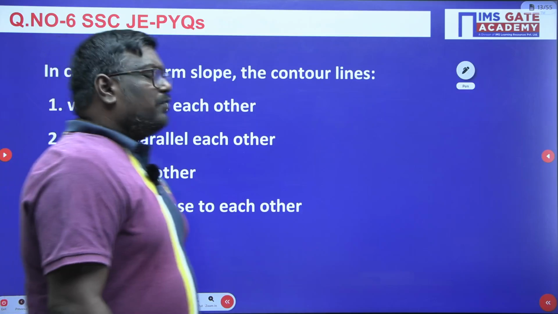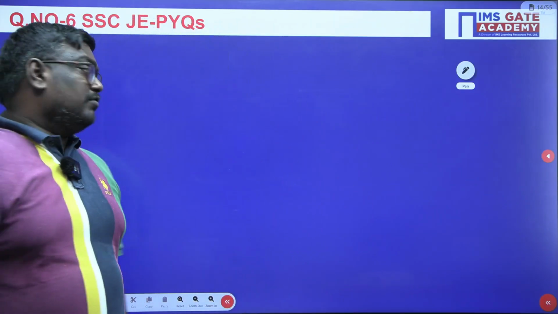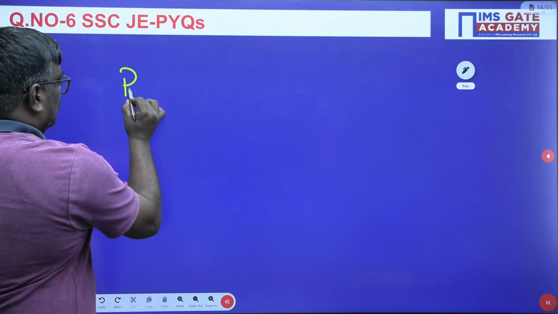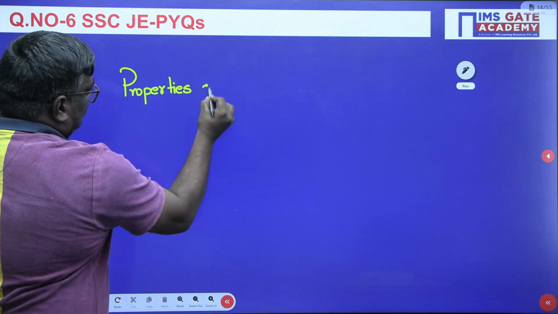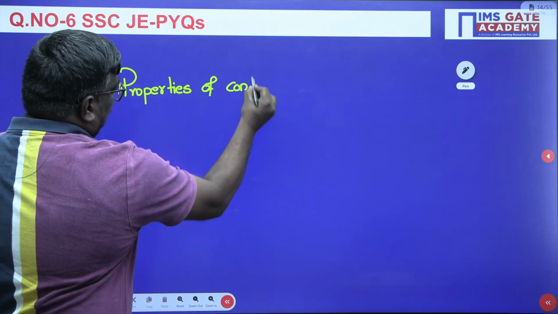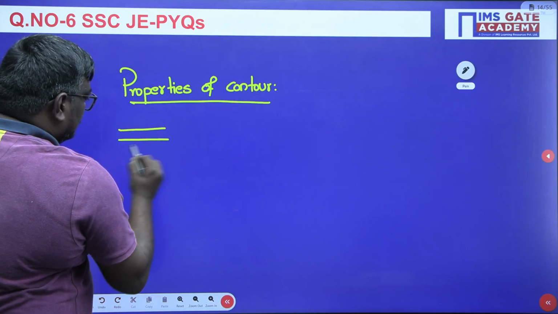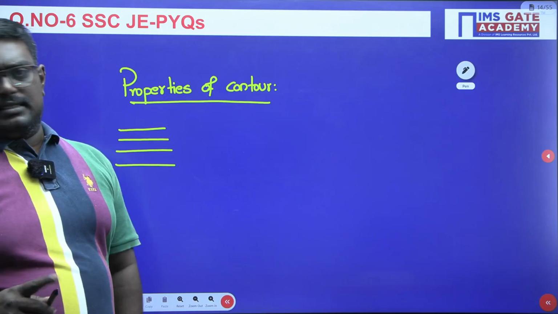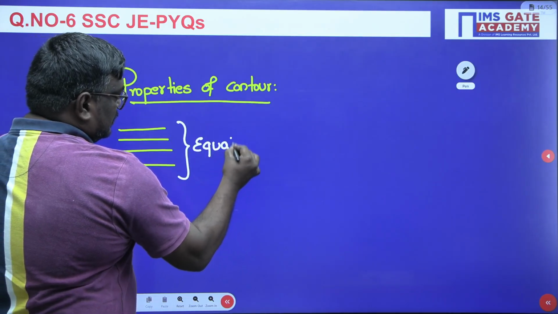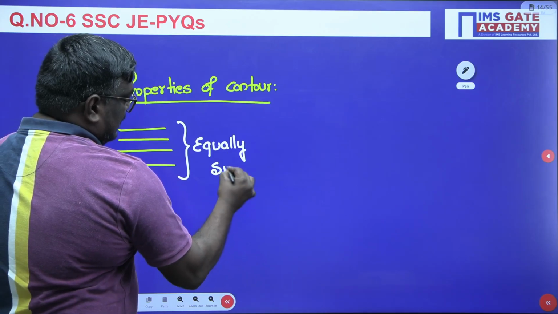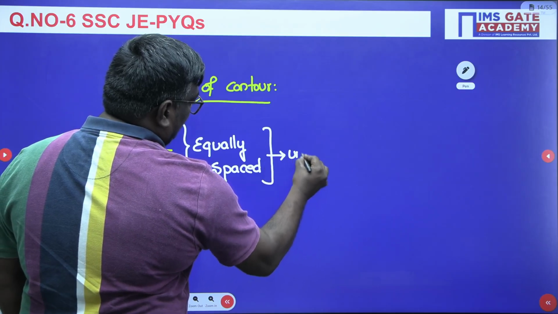Now, in case of uniform flow, the contour lines. See students, let me tell you some properties of contours. If the contour lines are equally spaced, then it indicates uniform slope.